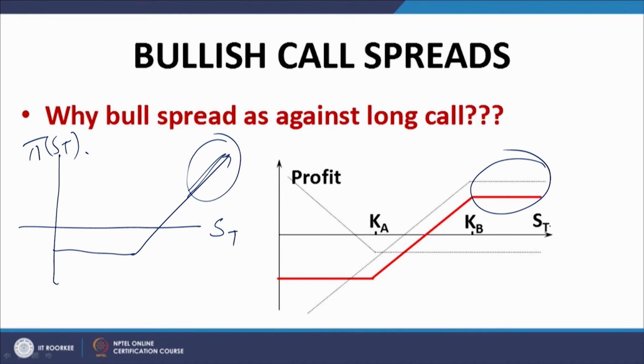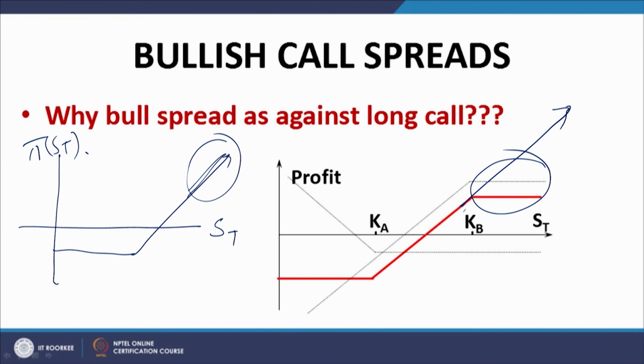Had we had a long call, this line would have been in this form. Therefore, if ST ends up greater than KB, we do not get any profit, although if we had taken a long call strategy, obviously, we would have made a profit of 1 unit per unit increase in the stock price.